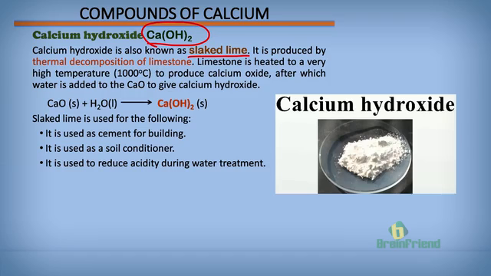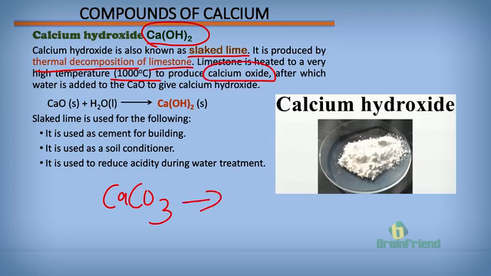And it is produced by thermal decomposition of limestone using heat on limestone. So what happens is that limestone, which is actually calcium carbonate, is heated to a very high temperature, at 1000 degrees Celsius to produce calcium oxide.